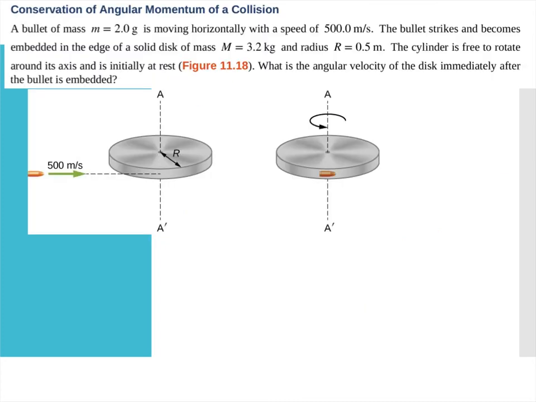Finally, we're going to do one last problem, and this is where a bullet is going to hit the edge of a disc and become embedded in it, and then it's going to start spinning together. So initially, the angular momentum is going to totally come from the bullet, and then in the final case, it's going to come from the bullet and the disc, because initially the disc is not rotating.